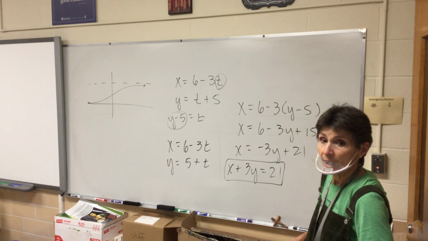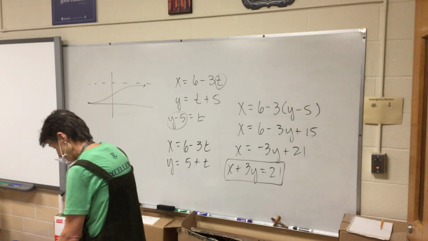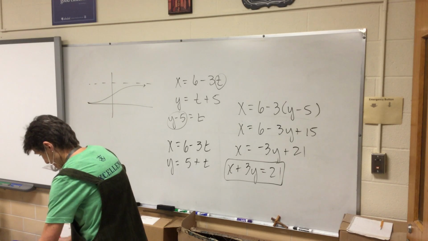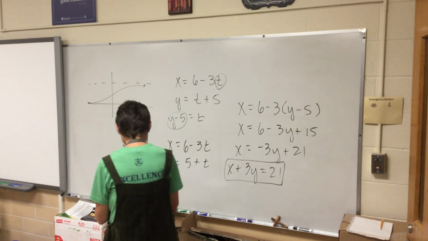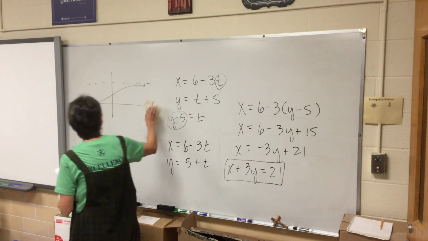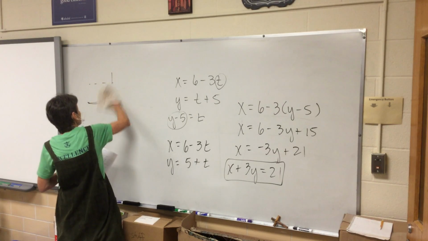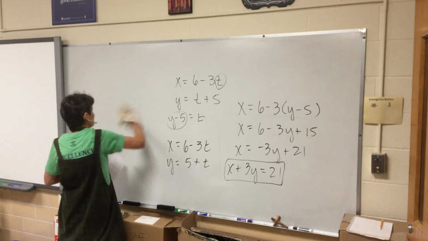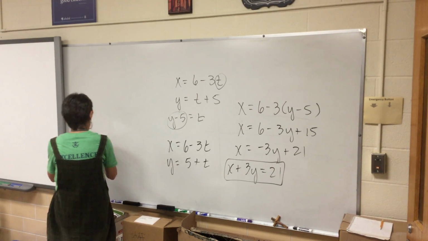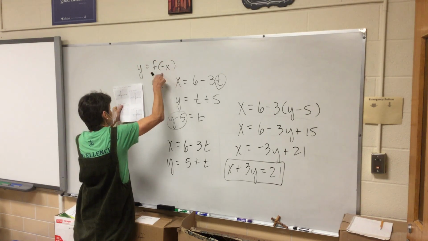All right, Ollie? 4C. See, there are two things happening. What are the two things happening in that problem? What does the negative here do?